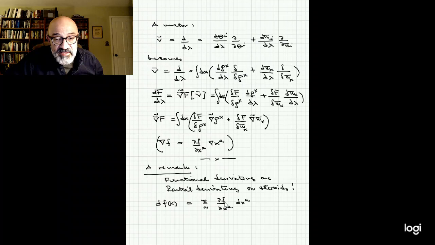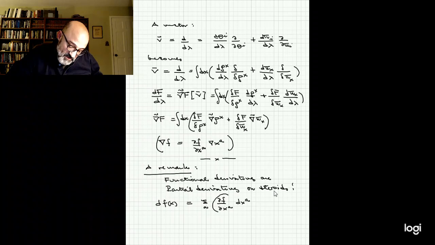So figure out how much the function changes when you change the coordinate, multiply by the coordinate change, and then add them all up. And so what are the partial derivatives?